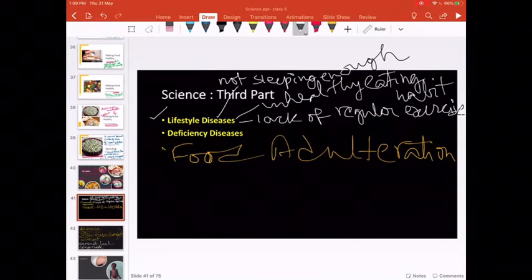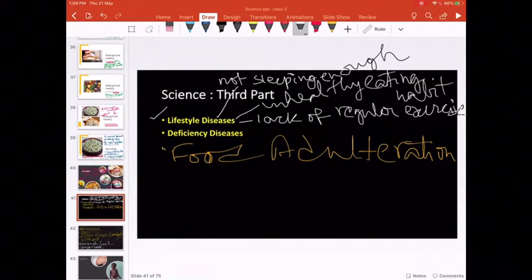They are not due to any kind of virus, bacteria, or any kind of lack of nutrients. This is because of our own habit. That is what is lifestyle. Bad lifestyle has bad effect on our health that leads to diseases, and that's it.